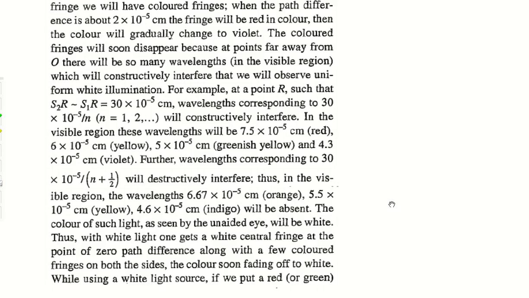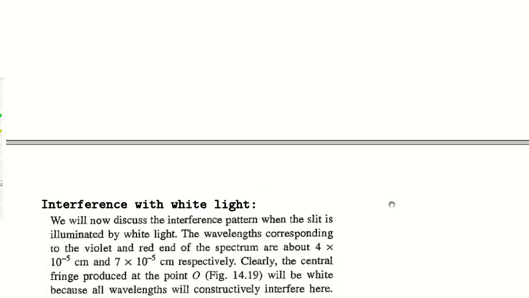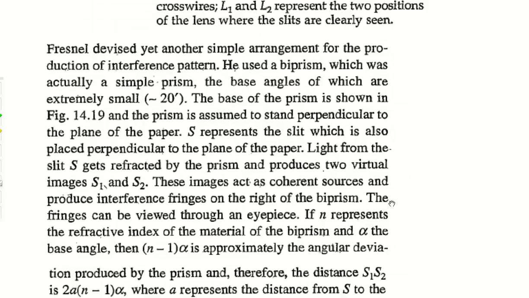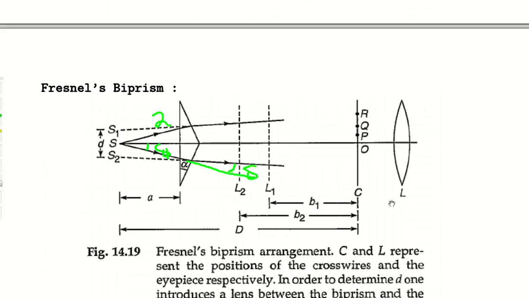So what we see in summary, when we use white light as the interfering light in an interference experiment, the point O, the central fringe, will appear white, and then P will be some reddish color, and then Q will be blue, that is, the colored fringes will be there.